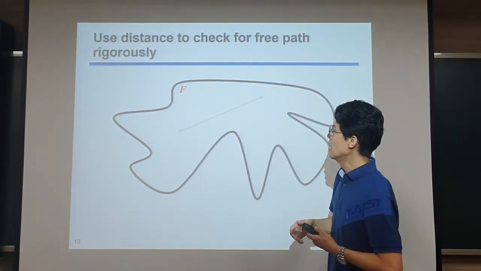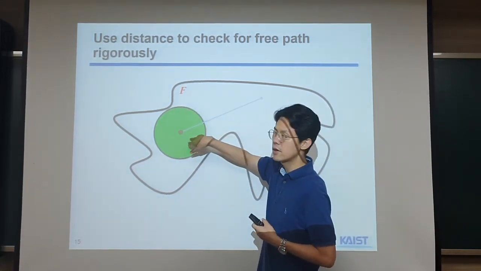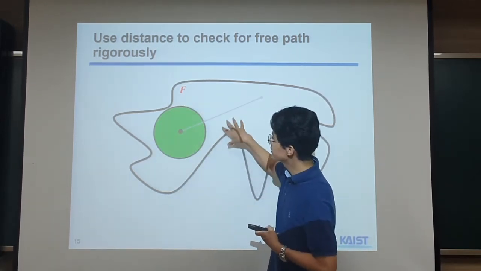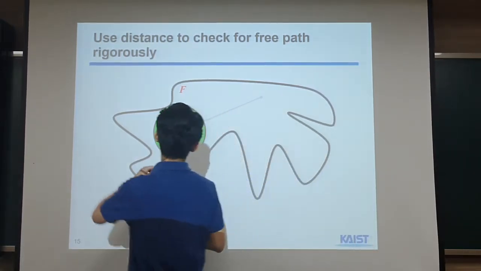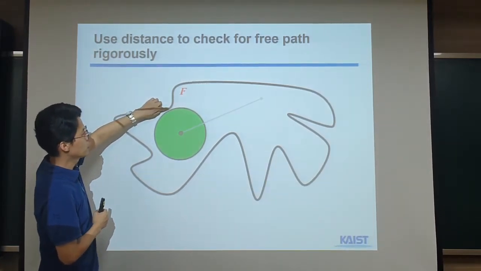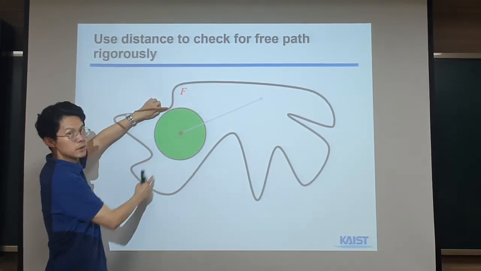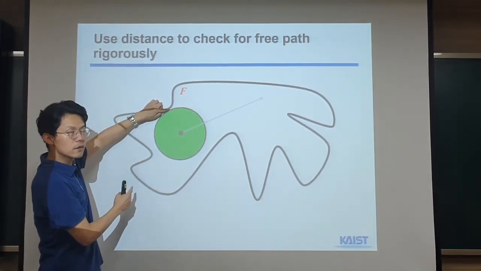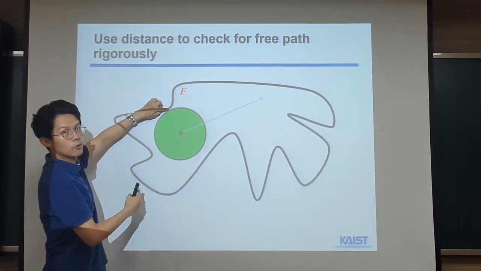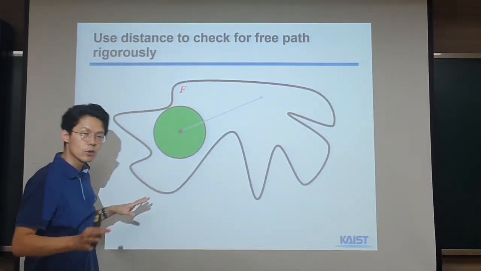First, at that point, we check the minimum distance between this configuration and the environment. This gives the minimum distance from the environment to that point, right? And if we generate a ball that has the radius of this minimum distance, we know that in that ball we don't have any collision, right?